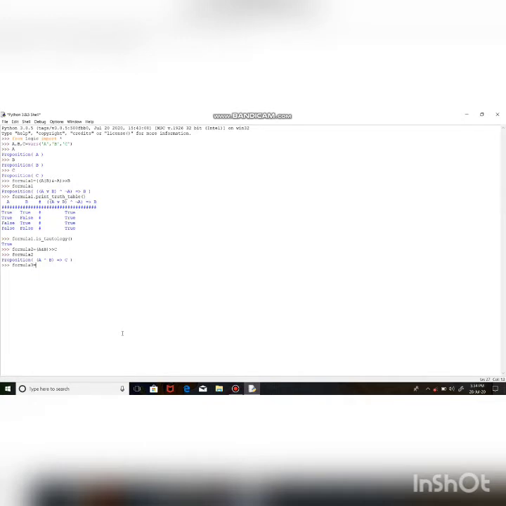Now we will create another formula named formula 3, which is A implies B implies C. Now let's check the tautology and contingency for formula 2 and 3. So for formula 2 tautology is false and for formula 3 tautology is also false.